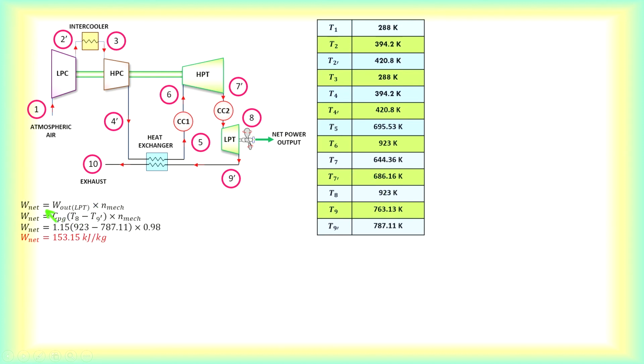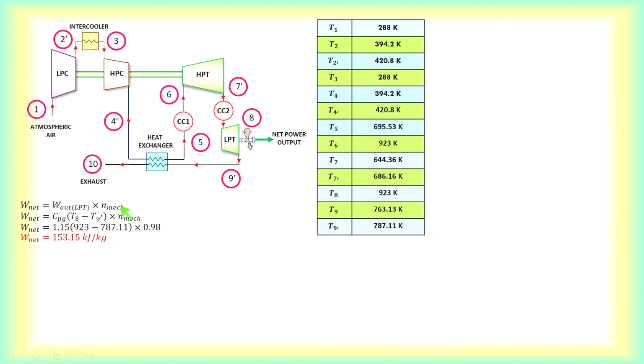So look here. So network, as I've told you, you can add these two turbines together, the work out and this work out, minus both of these work in. Actually, you will get the net work out as equals to the work out of the LPT. So take the work out of the LPT multiplied by mechanical efficiency will give you the net work out.